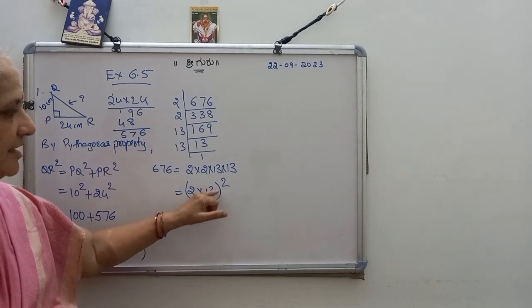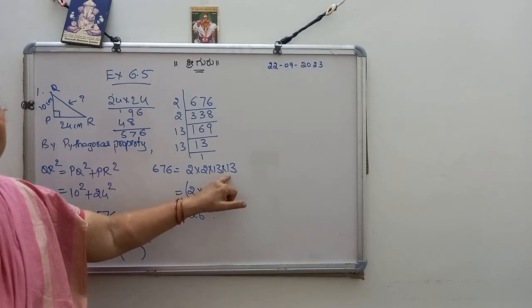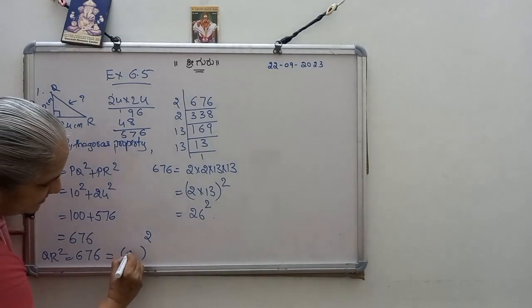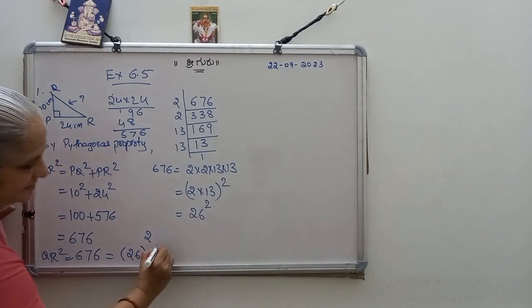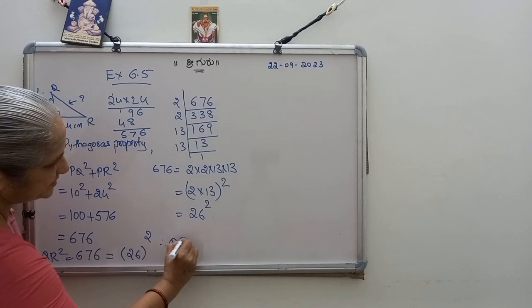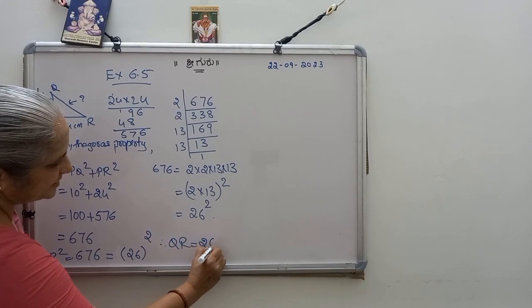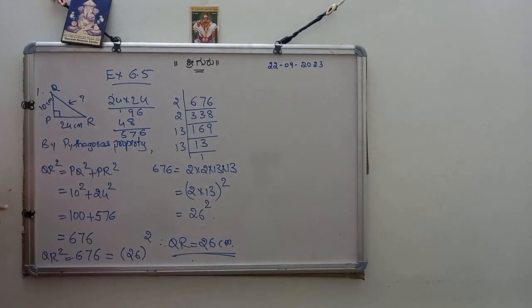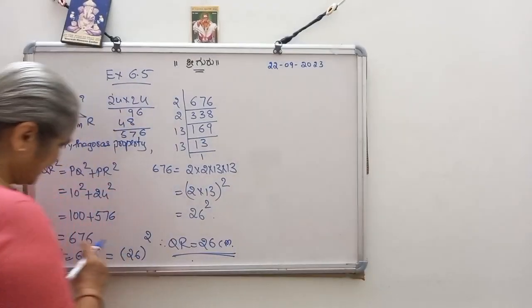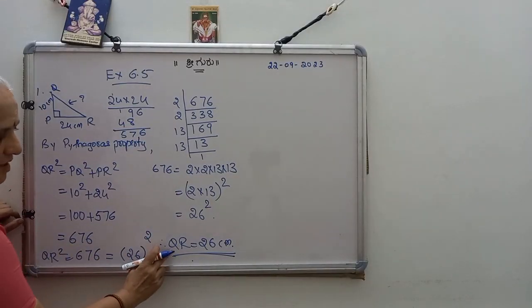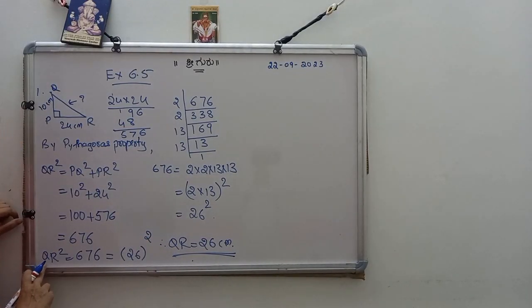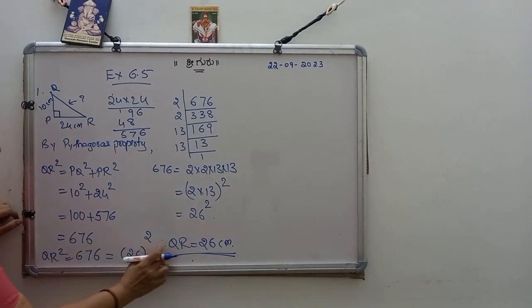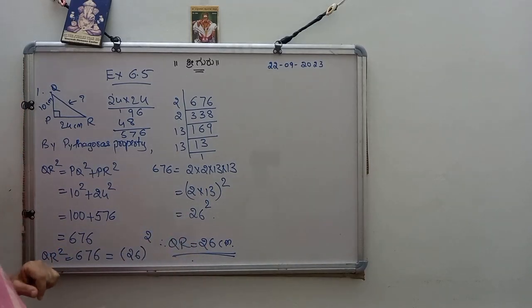It is 26 square. Therefore, this number is 26. Therefore, QR is equal to 26 centimeter. That is, QR into QR is QR square. 26 into 26 is 676. Therefore, QR is equal to 26 centimeter.